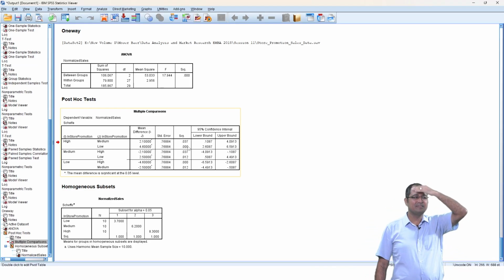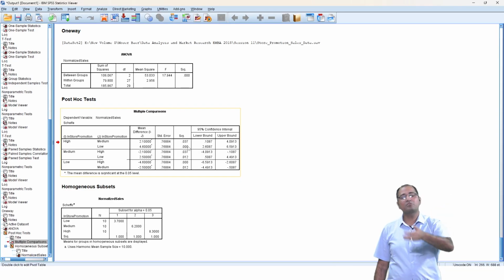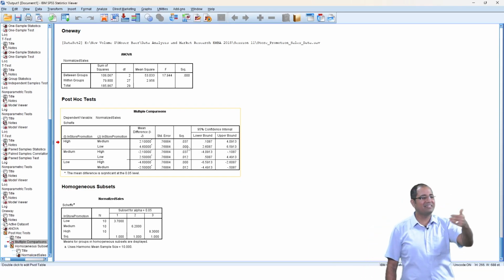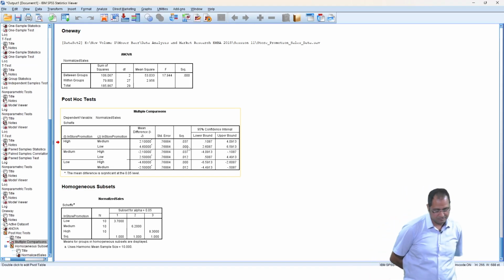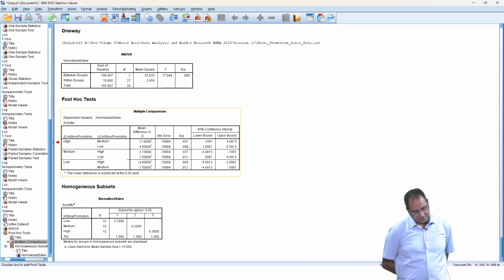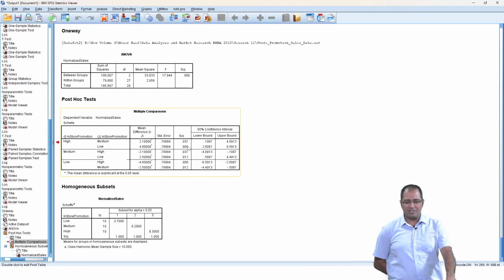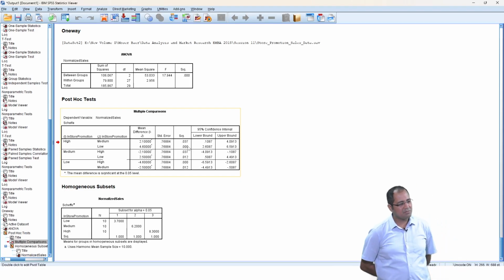Right? Now identify some real business scenario questions that you could answer using ANOVA. The last table, the homogeneous subsets table, you need not look at.